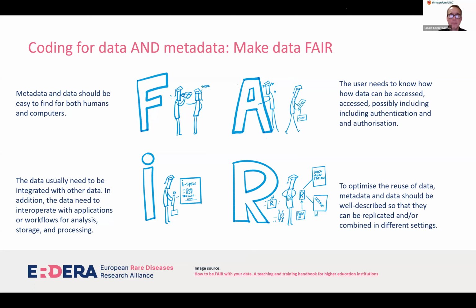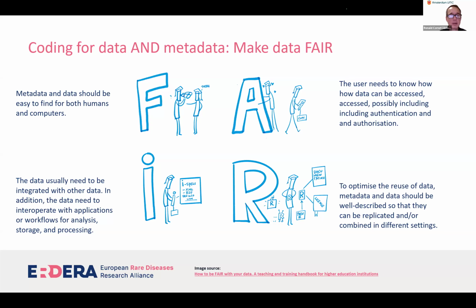And that's basically that we ensure that the data and the metadata are easy to find for humans and for computers alike. The A stands for the fact that you know if and how you can access data, whether authentication and authorization is needed. So you need a structured and standardized description for that as well.